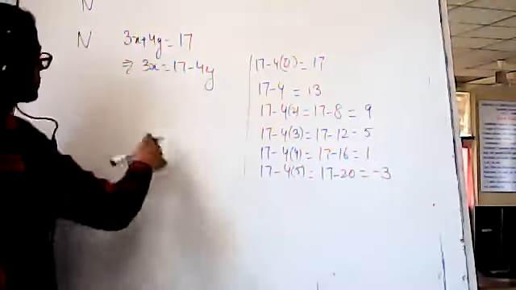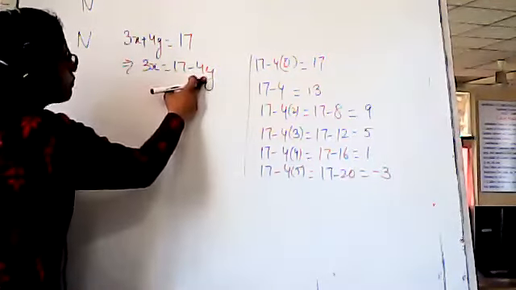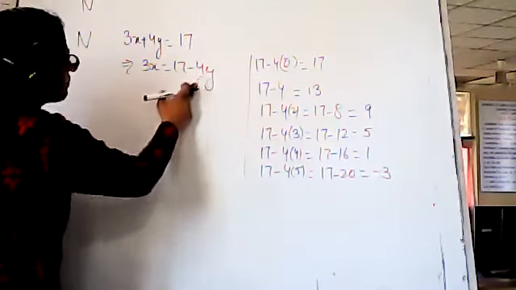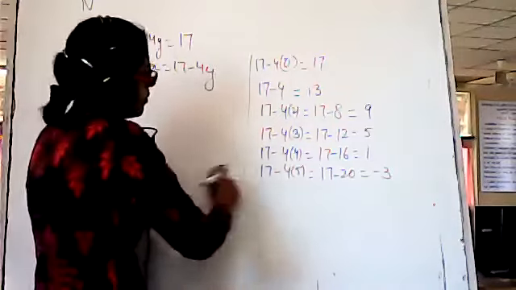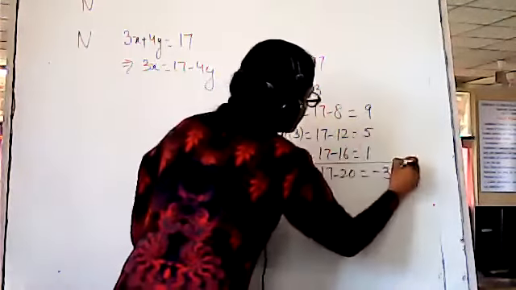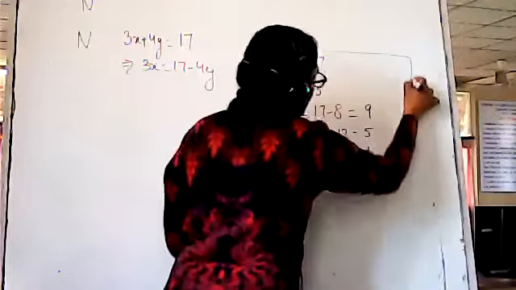Now, we are substituting the values of y. Using this value of y, we can find the value of x. But this is our limit. This is our last condition.